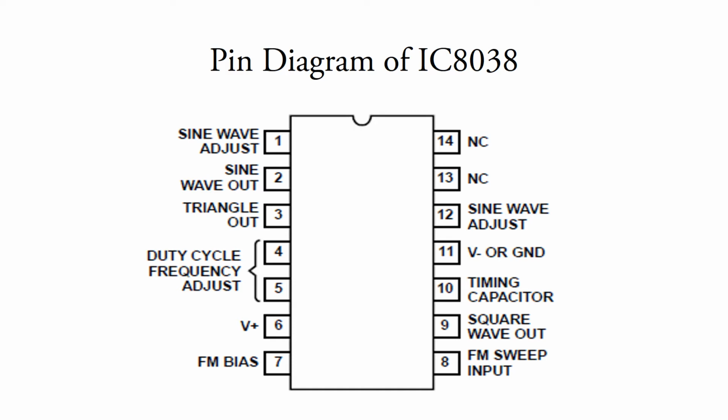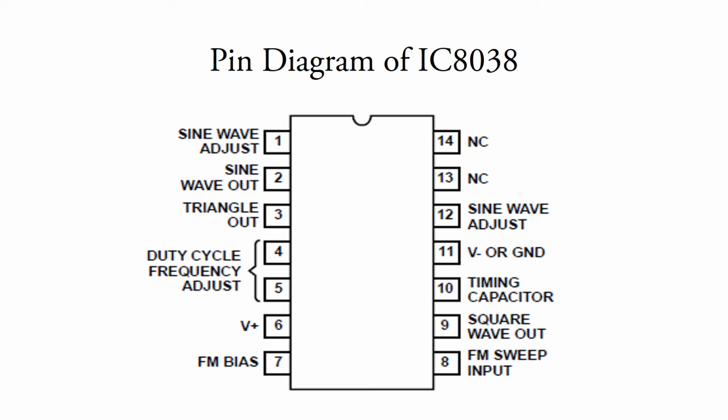By connecting the external resistor along with the timing capacitor connected at pin number 10, we can derive the required frequency as well as adjust the duty cycle. And 7 and 8 are not used in the circuit for generating the waveform. Usually 7 and 8 are used for testing IC 8038.